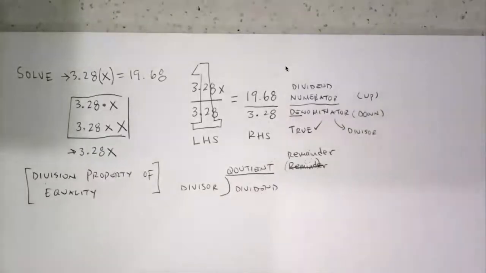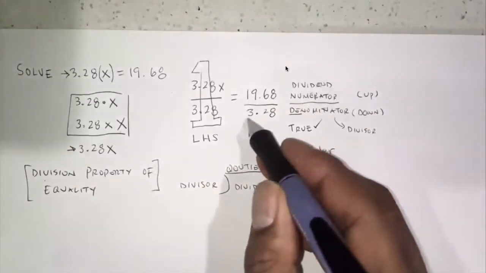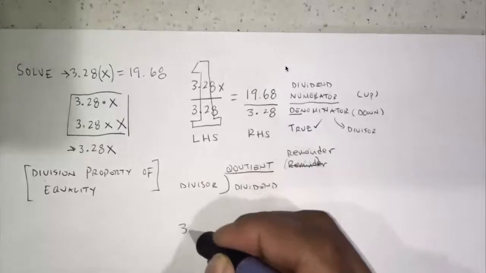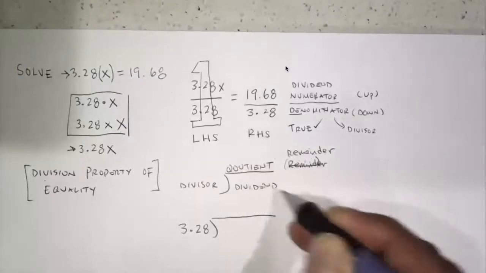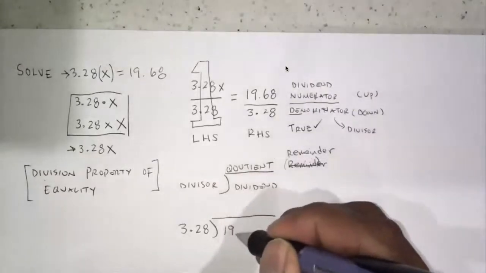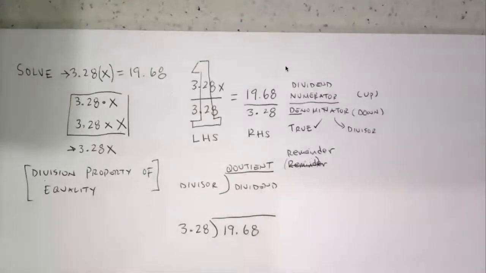Just read it quickly to remind you where the numbers belong. So I'm going to take 3 and 28 hundredths as my divisor, and my dividend is 19.68. Remember I talked to you about how division has groupings.